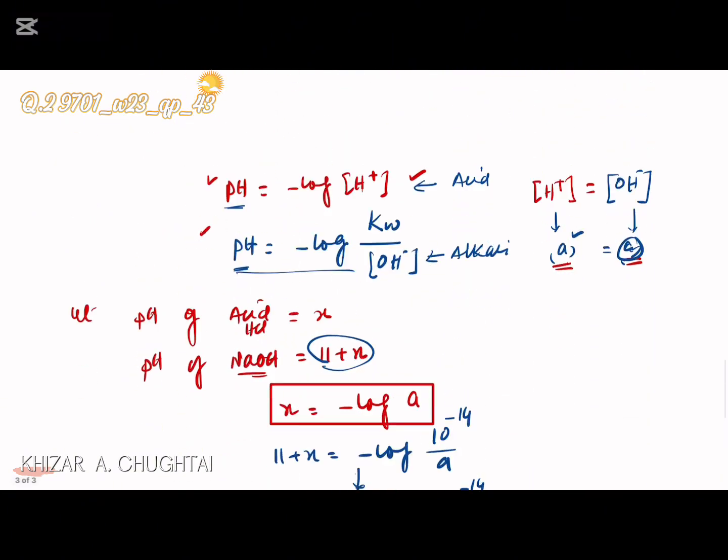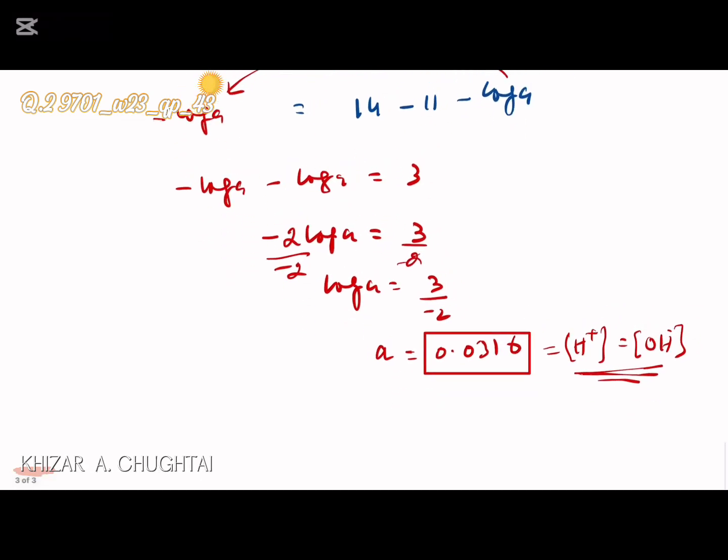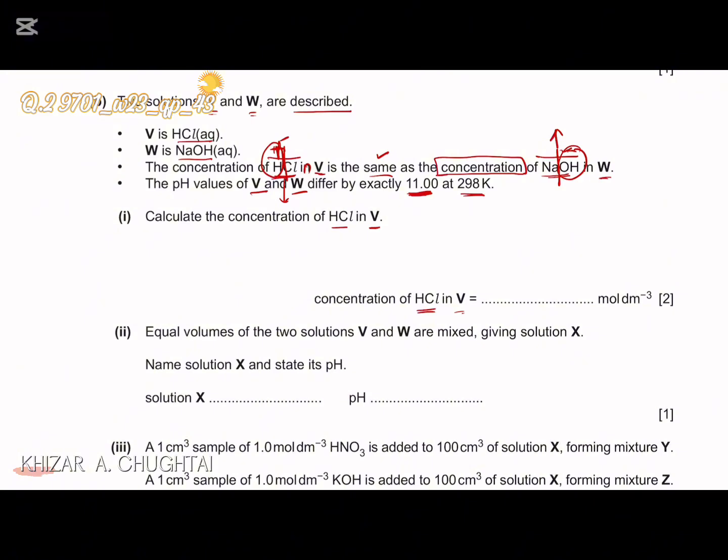So finally we have calculated the concentration of HCl in this case. The concentration of HCl is equal to 0.0316.